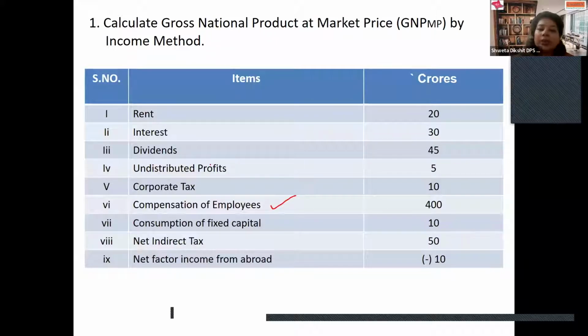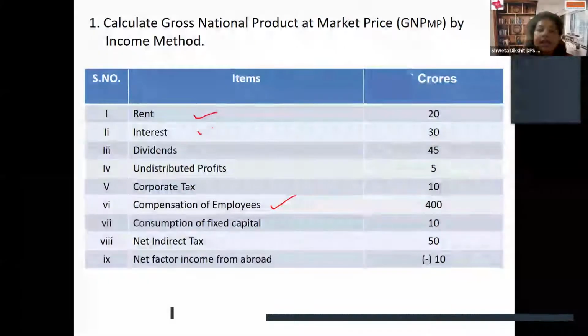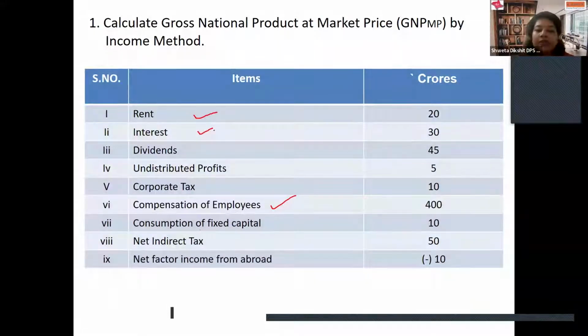Then comes OS, operating surplus: rent, interest, and profit. Here you can see profit is nowhere directly given. So dividends, undistributed profit, and corporation tax will be the part of profit.